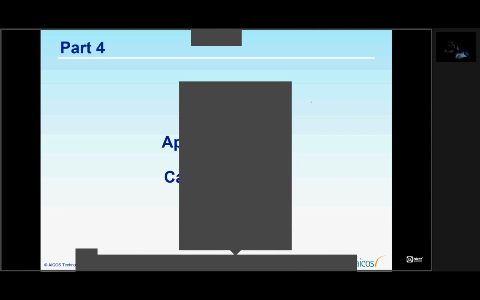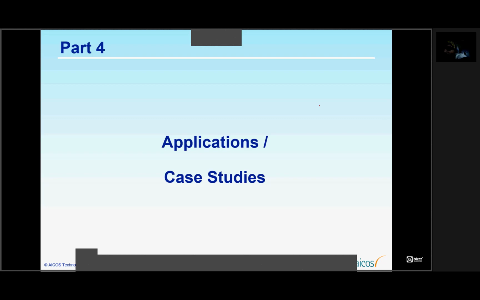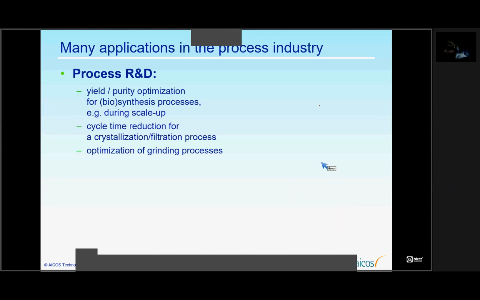So, if there are no more questions about this, let's speak about the applications. So first of all, I'd like to present a list of applications. Here we have done very many applications in the process industry.